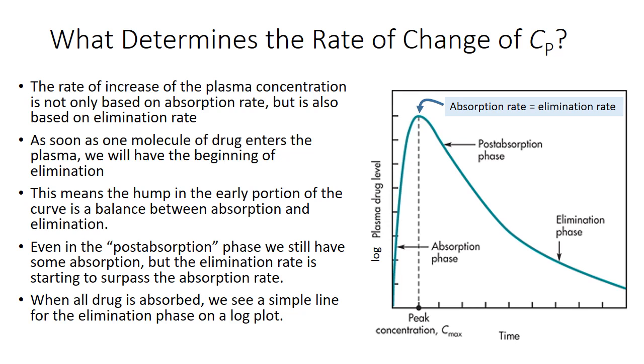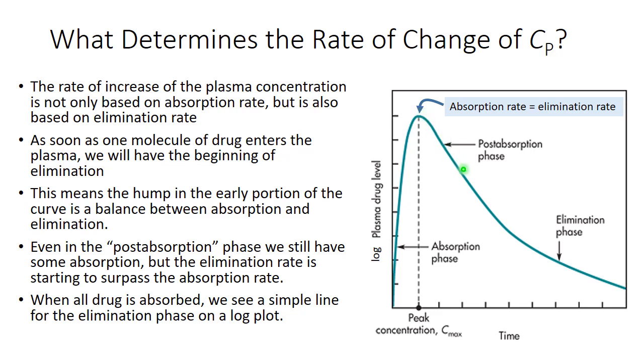To be fair, it's a combination of absorption, distribution, and elimination. Once the drug absorption rate is equivalent to the rate at which the drug is leaving the blood, it's entering and leaving the blood simultaneously, and we get a peak at that point.